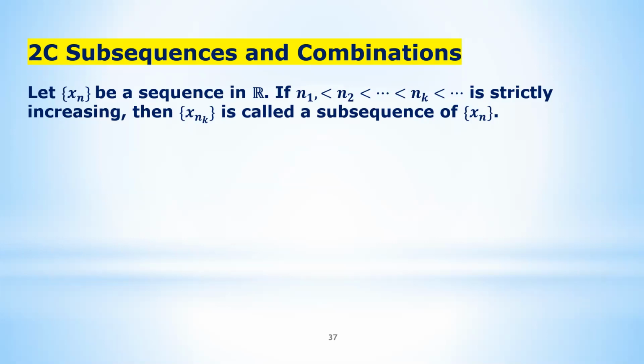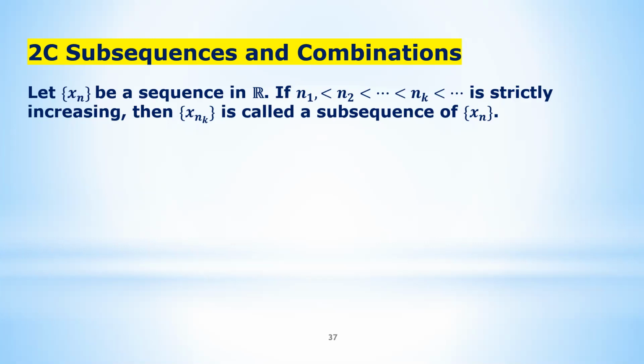Now these can be arbitrary numbers, like n1 equal to 10, n2 equal to 15, n3 equal to 23, and so on. No matter what, as long as they are part of the index, they'll be fine. So with this n1, n2 to nk going to infinity, you look at the corresponding term.